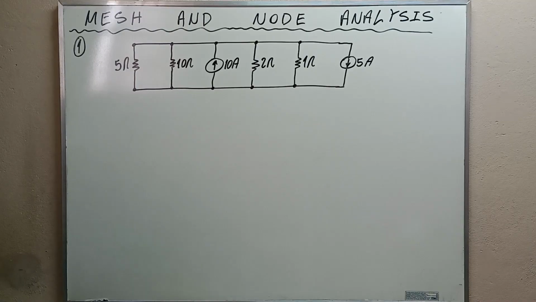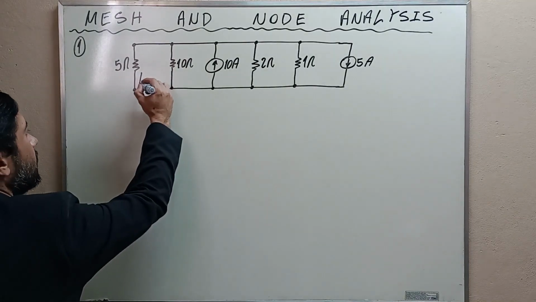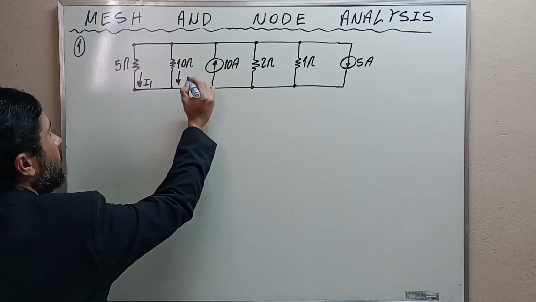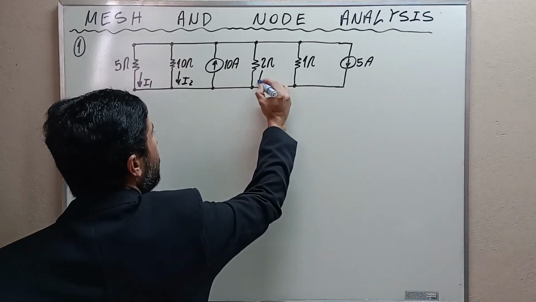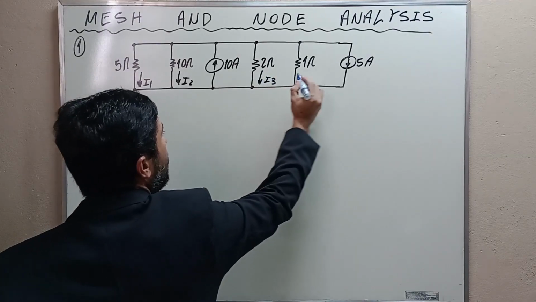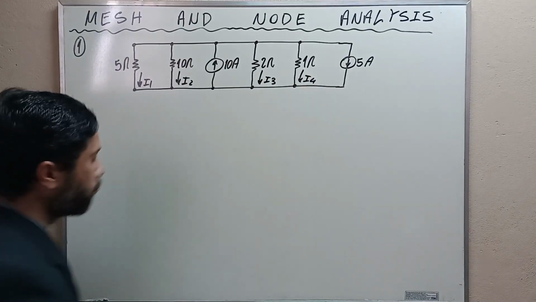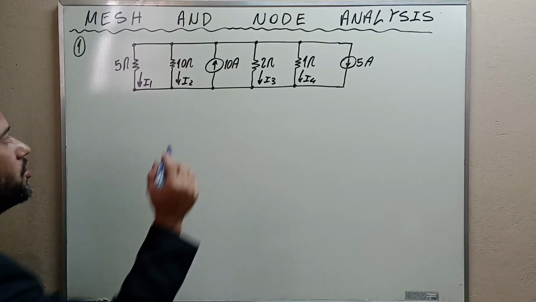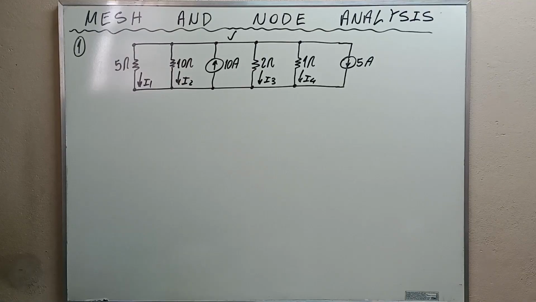And to facilitate the solution of this exercise, we shall use some labels here. I'm going to call this current I1. This I'm going to call I2. This will be I3 and this will be I4. And the value of the voltage at this node here, I'm going to call V, alright?